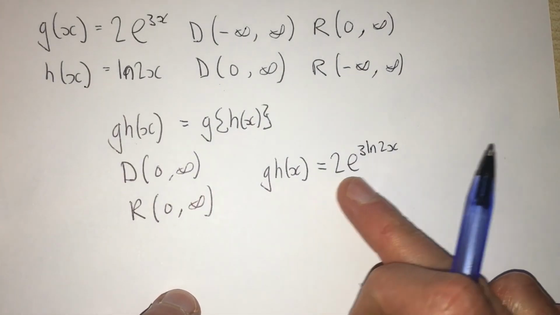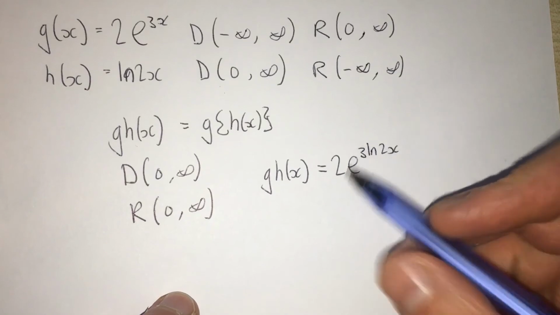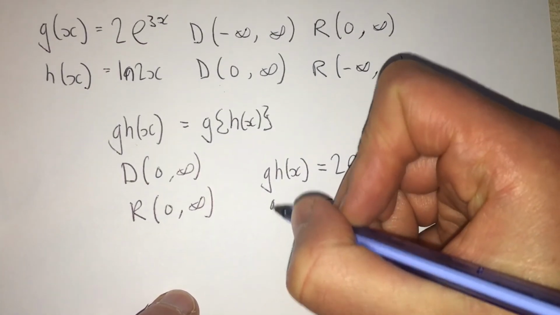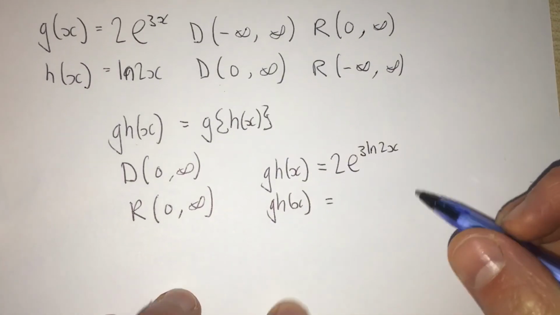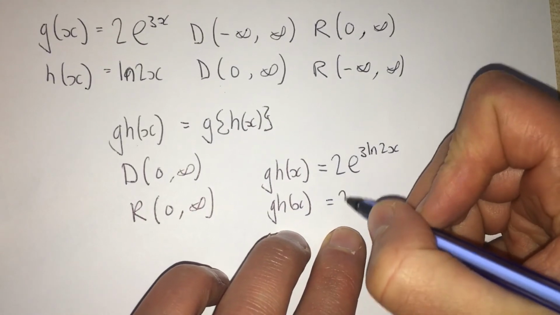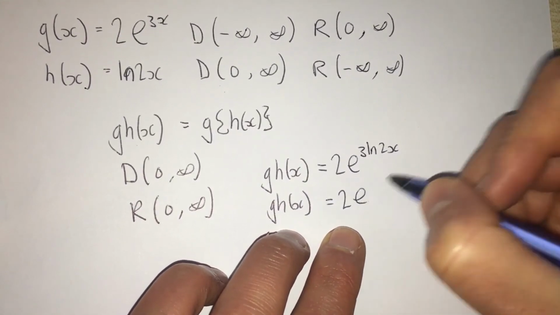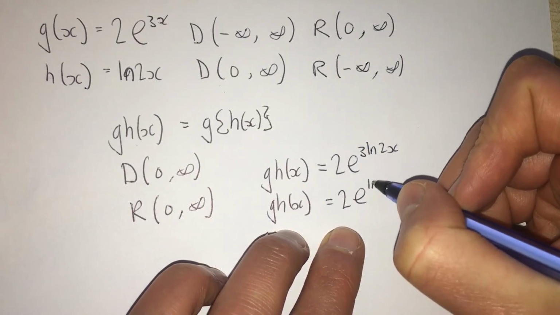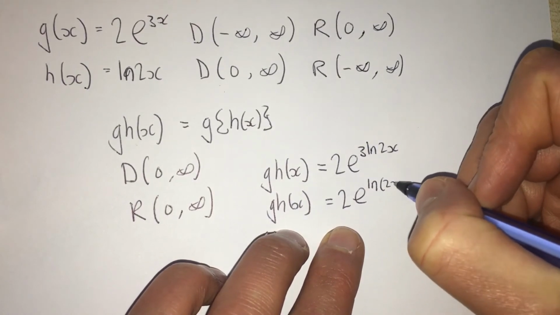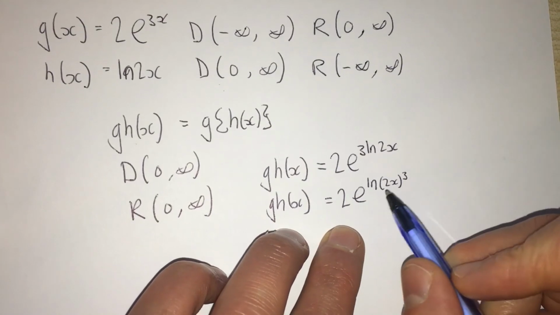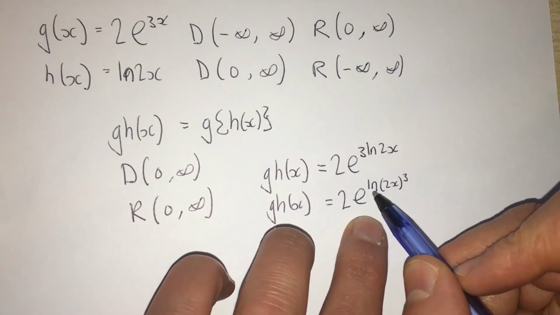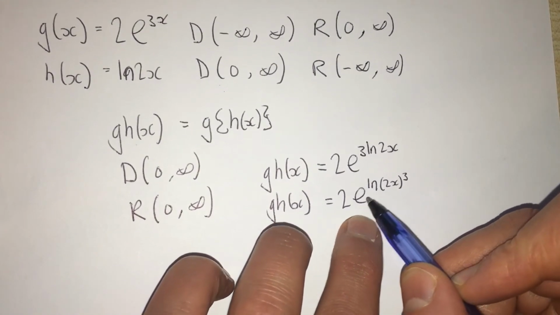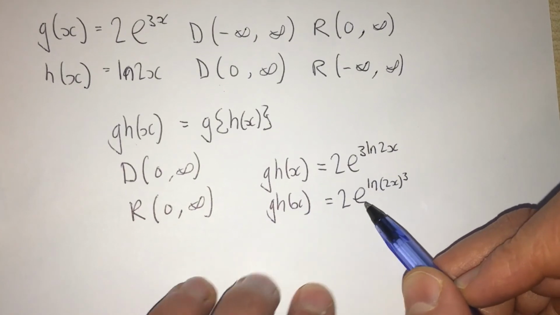So that's our composite function, but it could be tidied up a little bit. So gh of x equals, what can we do here? Well, we've got some logs going on here. So this is n log x, and n log x is equal to the log of x to the n, so we can cube this, and then these two are opposite, one is the inverse of the other.